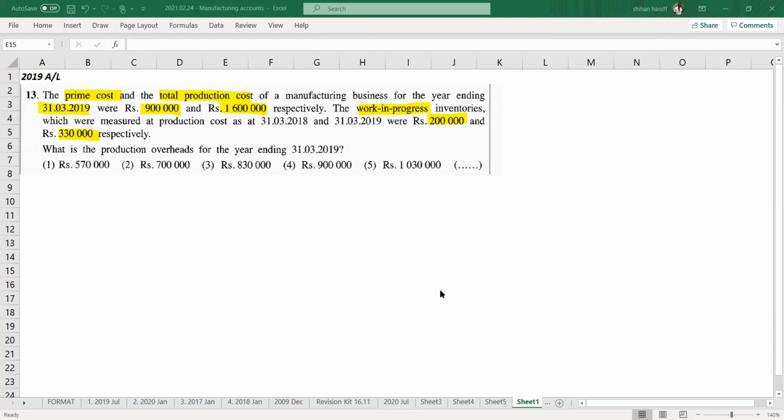Tell me the answer. Prime cost. Then we have production overheads.